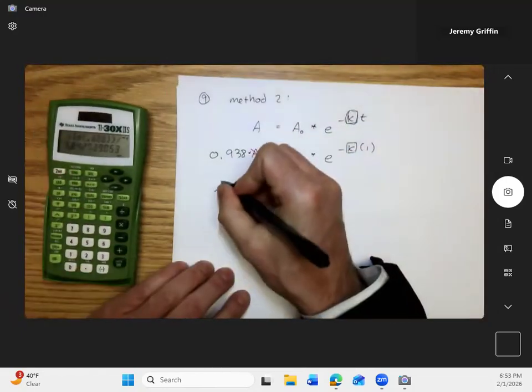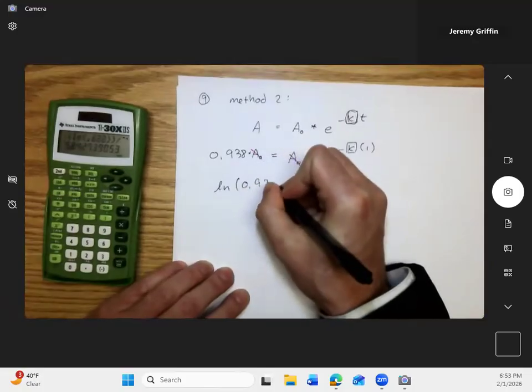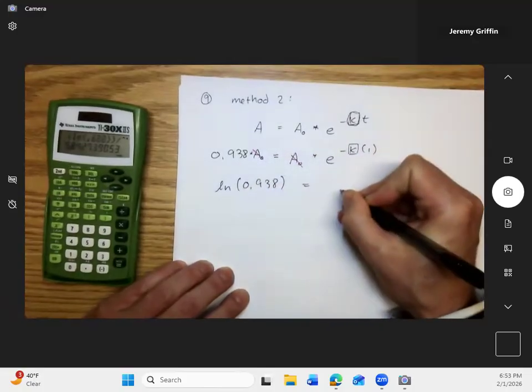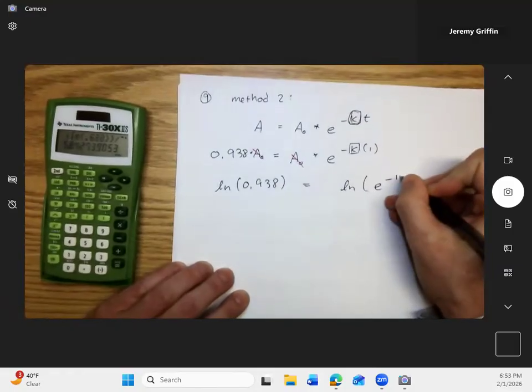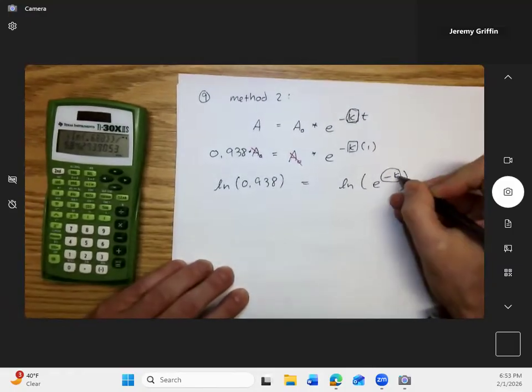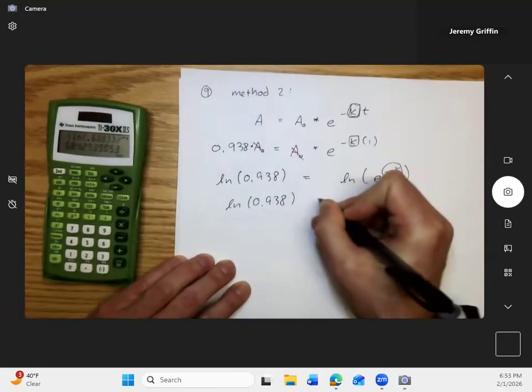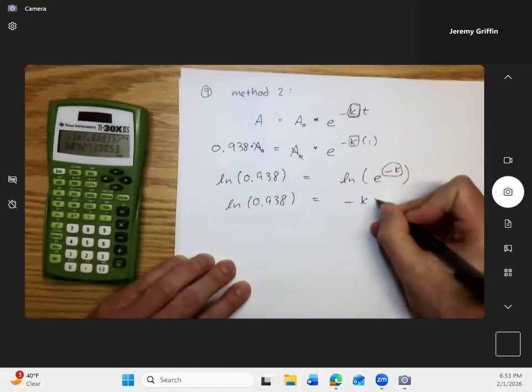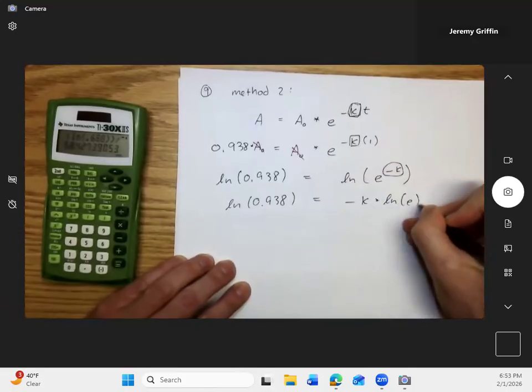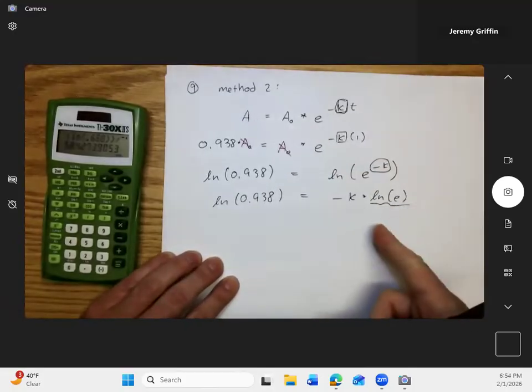So let's do natural log of 0.938 equals natural log of e to the negative k. The negative k can come out in front. Natural log of e is, of course, equal to 1.